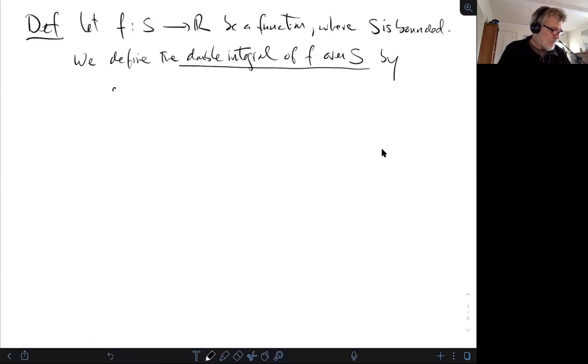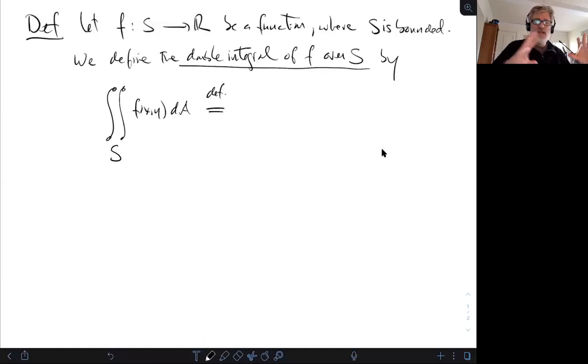Okay. So the notation is what you would expect. Double integral over S of the function F. Okay. So how are we going to define this? Well, what we're going to do is just take any rectangle that contains S, like that, and integrate a slightly different function.